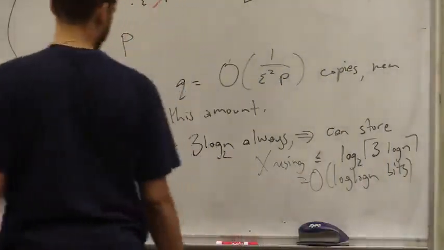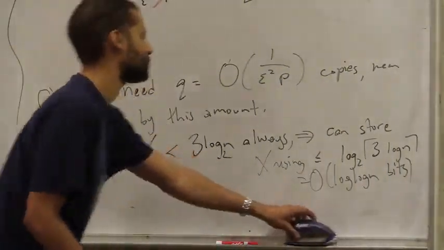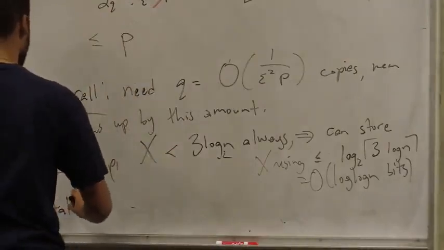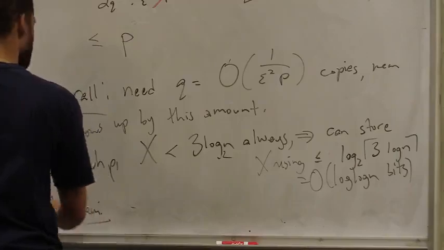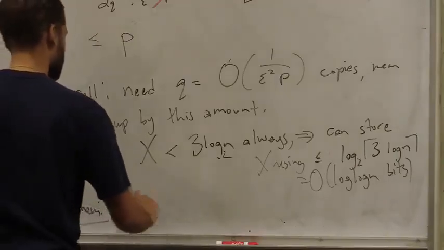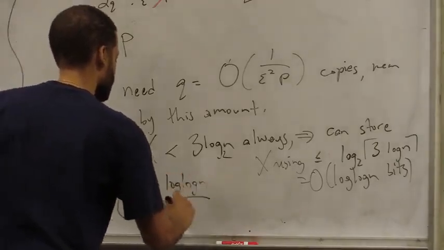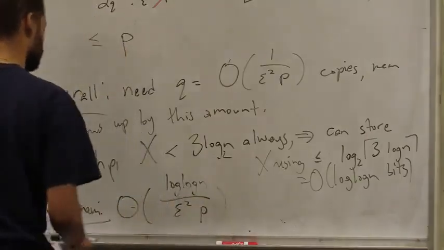So I can get a total memory which is, with high probability, at most O of log log n over epsilon squared p.